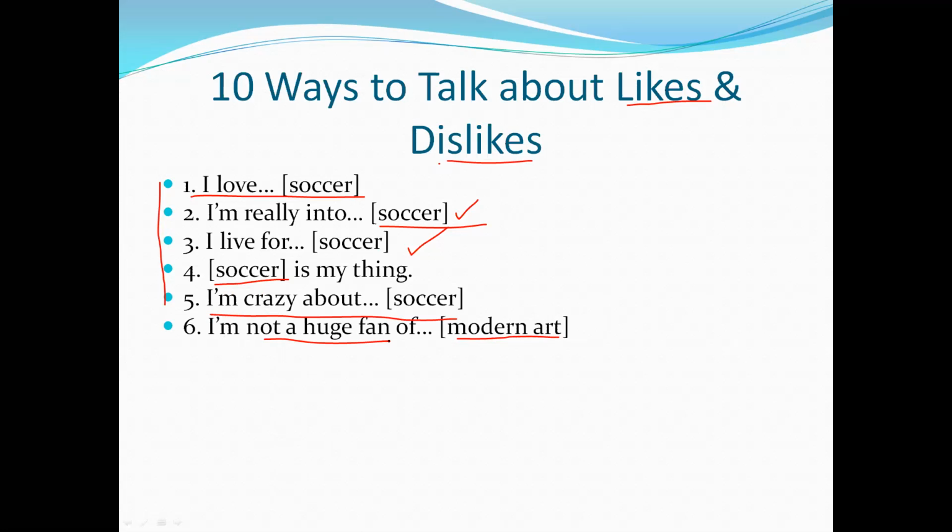So you can say I'm not a huge fan of, and instead of modern art, you say I'm not a huge fan of reading. I'm not a huge fan of playing cricket. I'm not a huge fan of dancing. Likewise, just think about what your dislikes are, and based on these dislikes, try to make sentences. Try to tell your friends, see, my likes are this, dislikes are this.